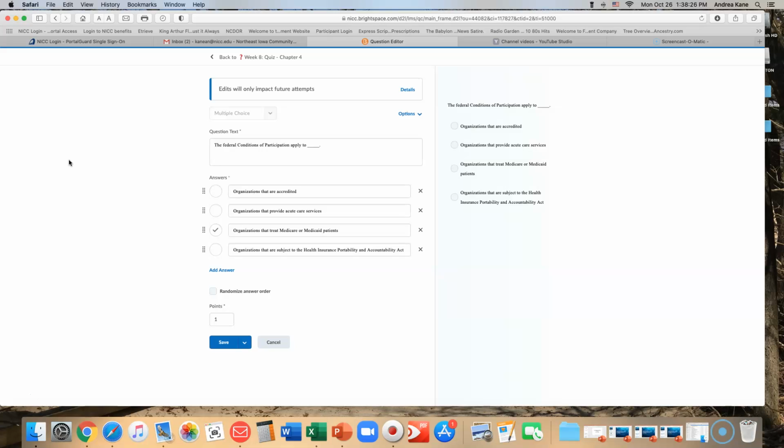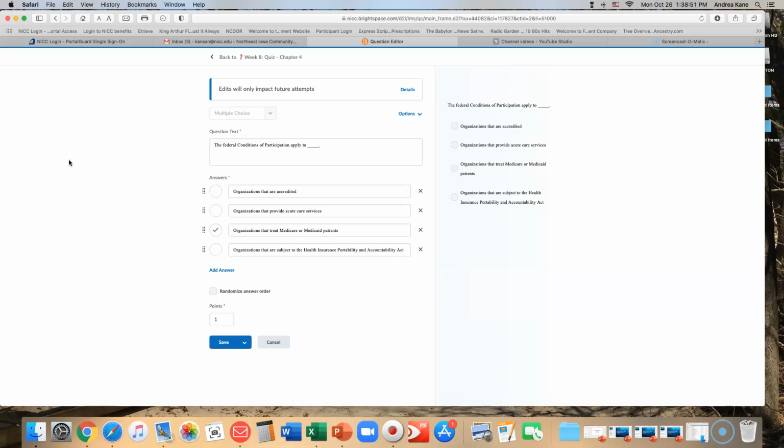So the first thing that everyone struggled with on the Chapter 4 quiz was the matching. And it looks like those terms were not necessarily covered in Chapter 4 as I thought they were. That came from the instructor materials from the book publisher.